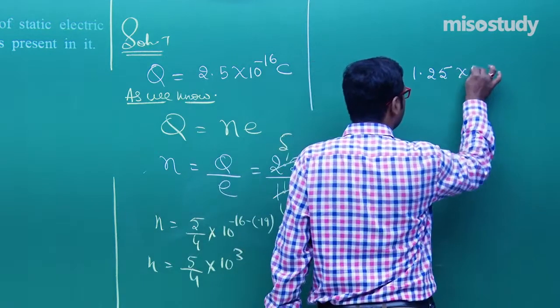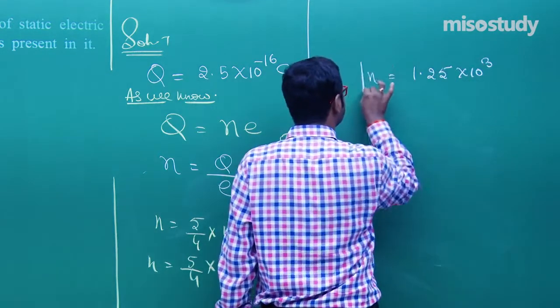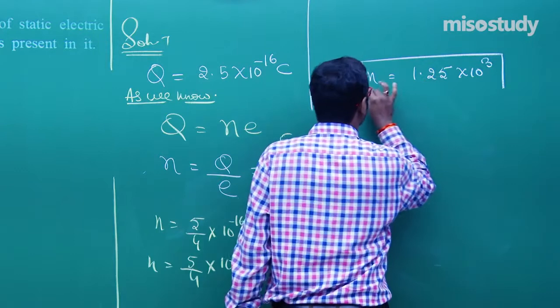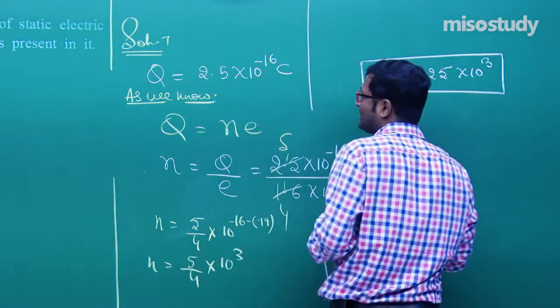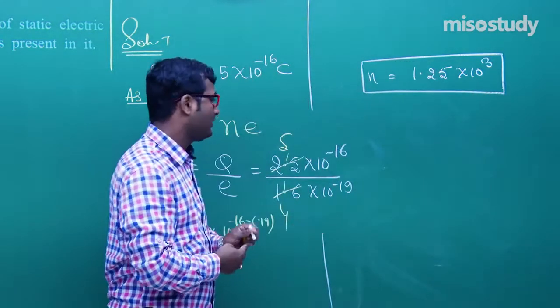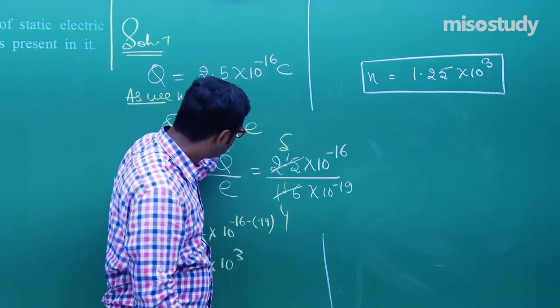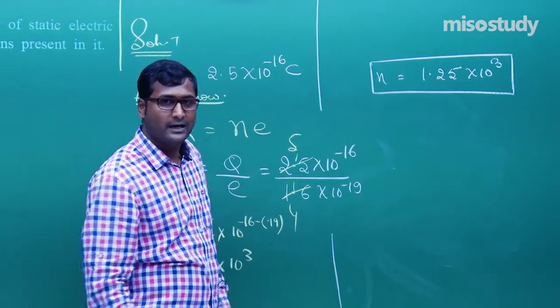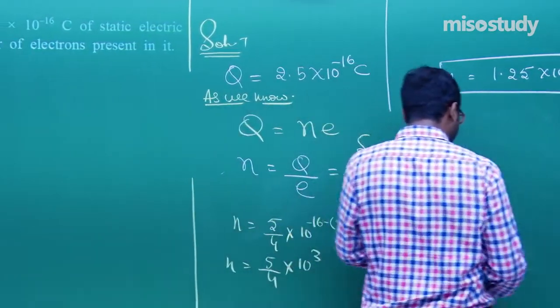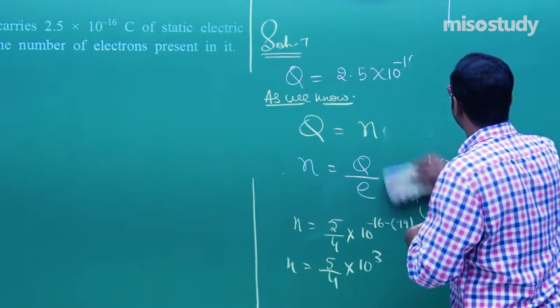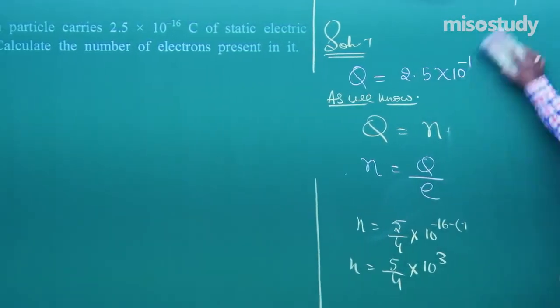This is the number of electrons in this case. This is the answer. I know this question also carries 1 mark. This is slightly lengthy, but you have to solve the complete question. Clear? Now I'm going to rub this part and we'll discuss the next question. What is the next question? Check it out. Listen carefully to what I'm telling.